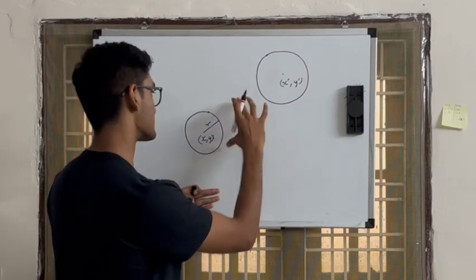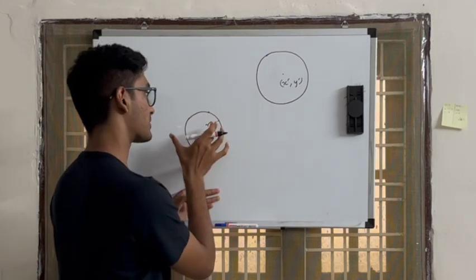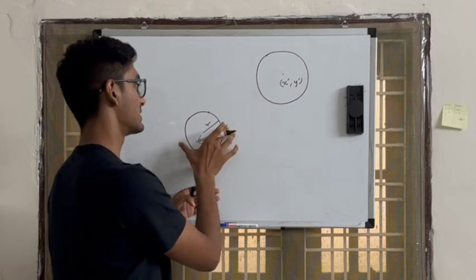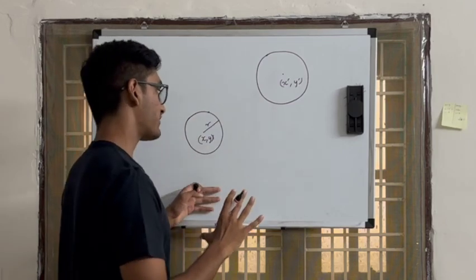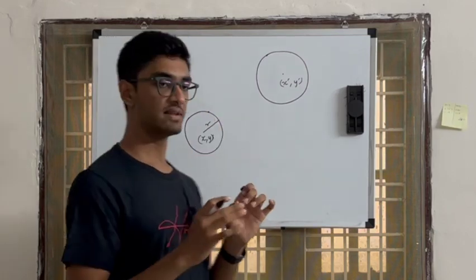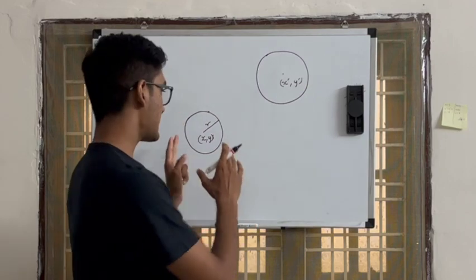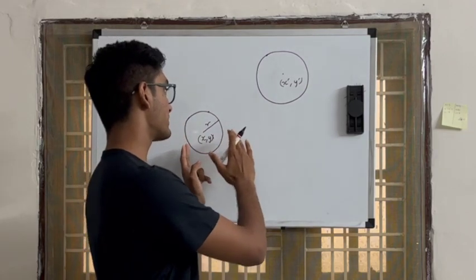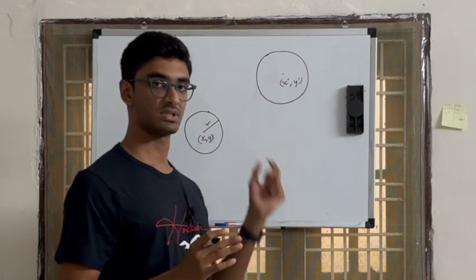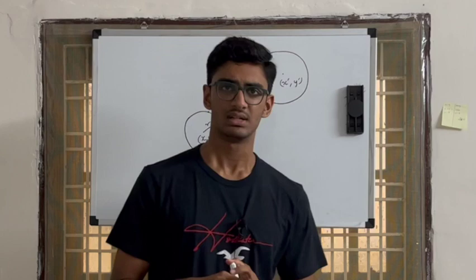You can move the circle, taking this as a reference screw, and you can rotate it at any angle, 180 degrees, 360 degrees, your wish. Wherever angle you leave it after pinning it here will be the final position, and it will count as one move. You have to make the minimum number of moves such that this circle comes here with the point being x dash and y dash. Okay, so this is the question.